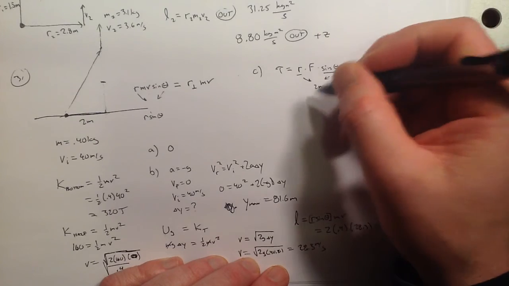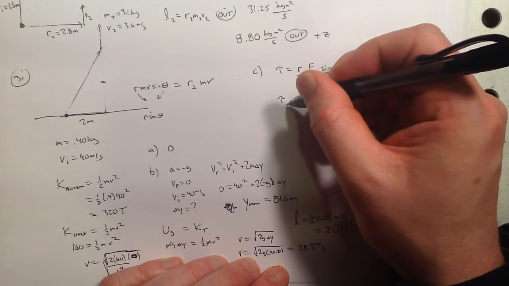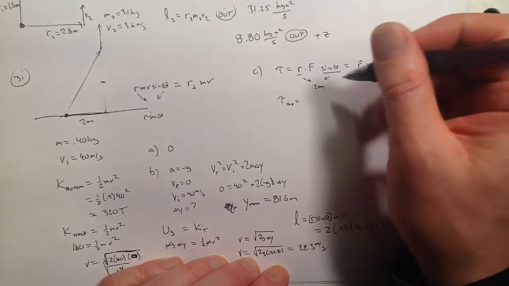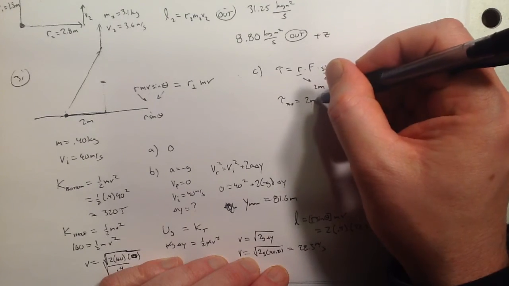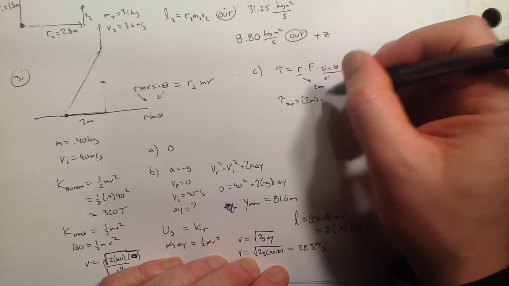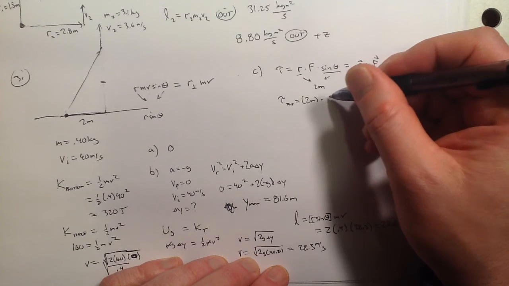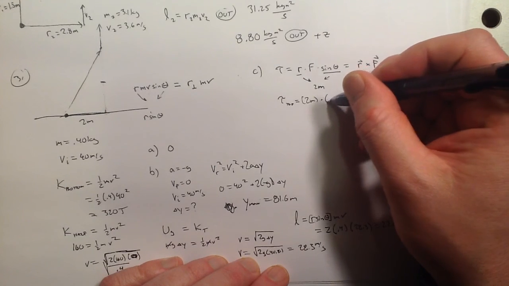So R sine theta is 2 meters, so the torque at the top is equal to 2 meters times the gravitational force, which is mg.